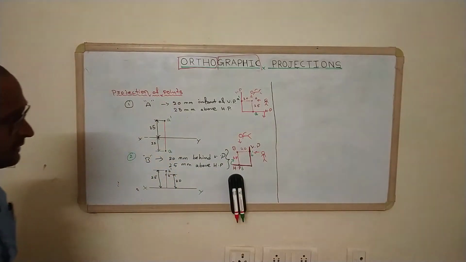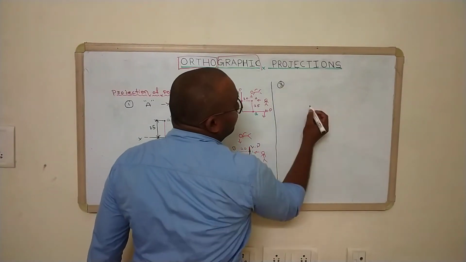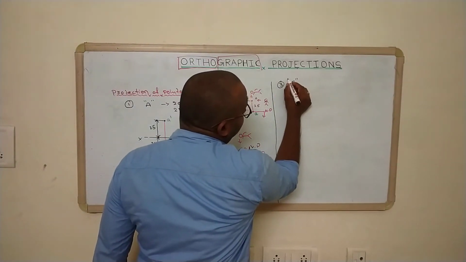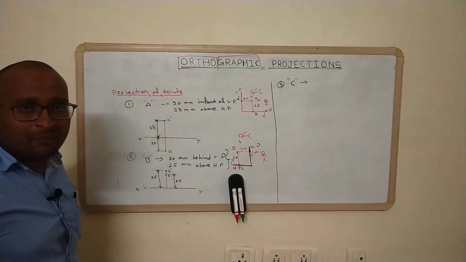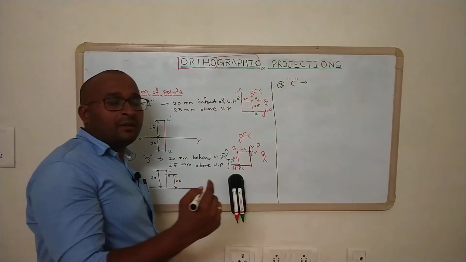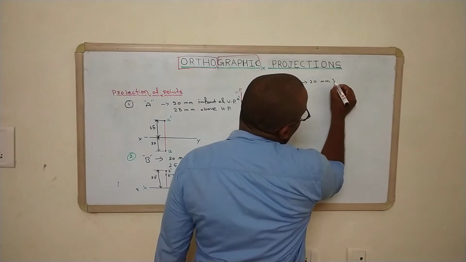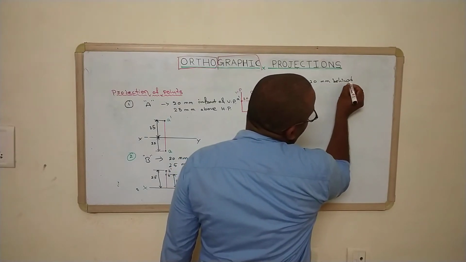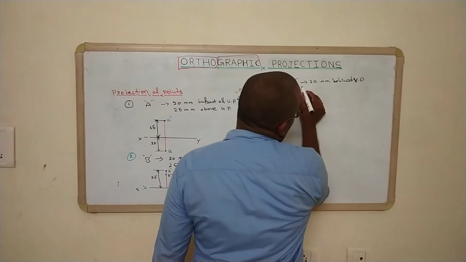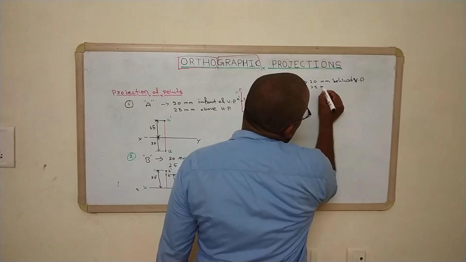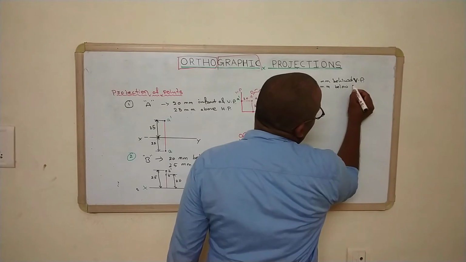And coming to the third. If a point C is 20 mm behind VP, 25 mm below HP.